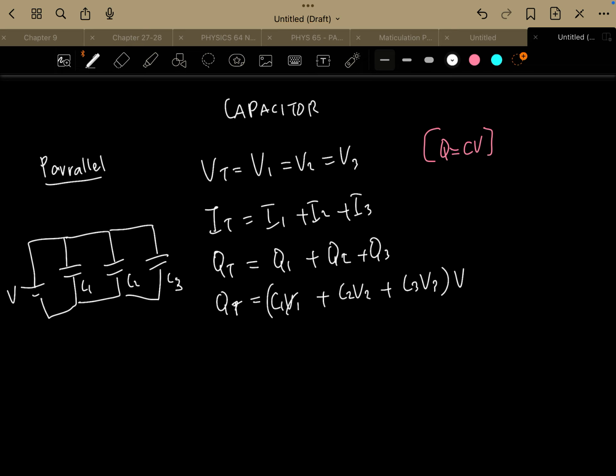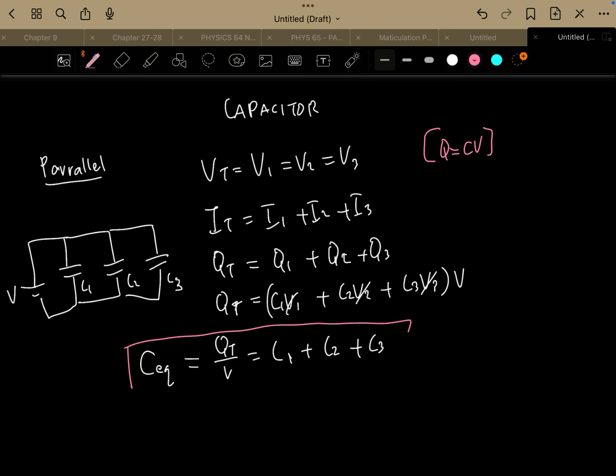So cancel this. So QT over V is equal to C1 plus C2 plus C3. But what is Q over V? Q over V is just C, right? So C equivalent is equal to that thing. This is how you derive.